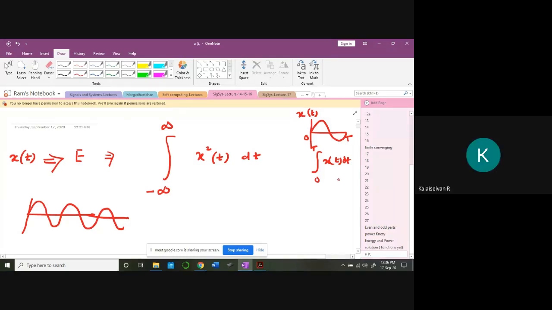Think carefully. This is one cycle, it's a periodic waveform. The cycle is like this. This is plus 1, this is minus 1. Carefully think. 0, sir. No area, sir.